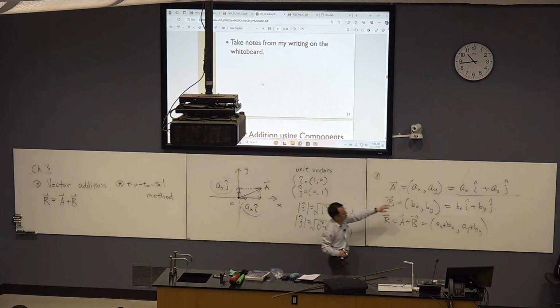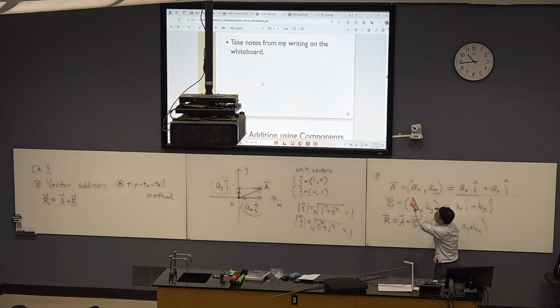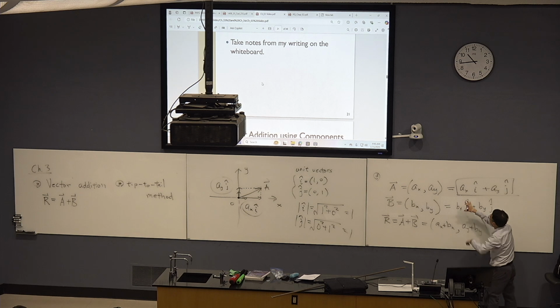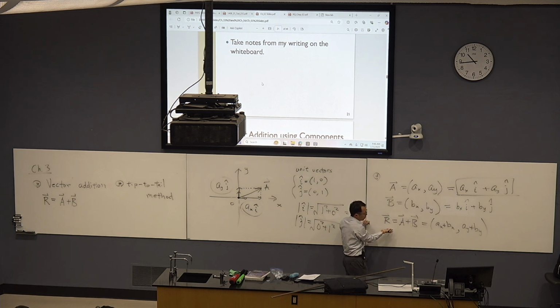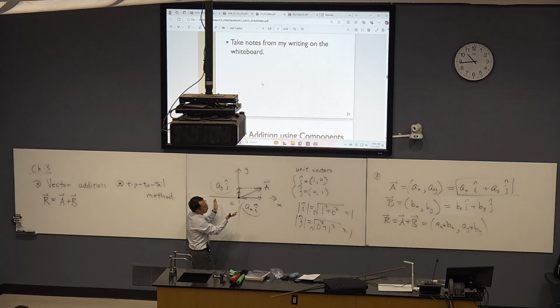Vector addition, this is the so-called analytical method. You write down each vector in terms of components, and then you can do the sum component-wise. But geometrically, how would you represent those components?